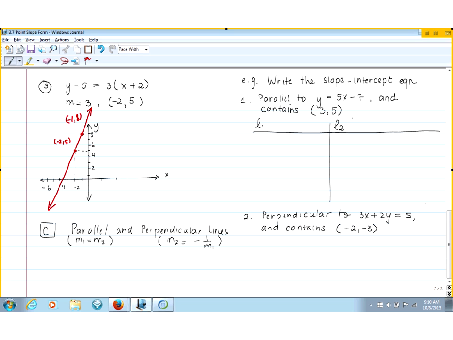So what do we know about L1? Yes, so y is 5x minus 7, and we know the slope is 5. You're right. What do we know about L2? L2 is parallel to L1, and it contains 3, 5. Okay, good.